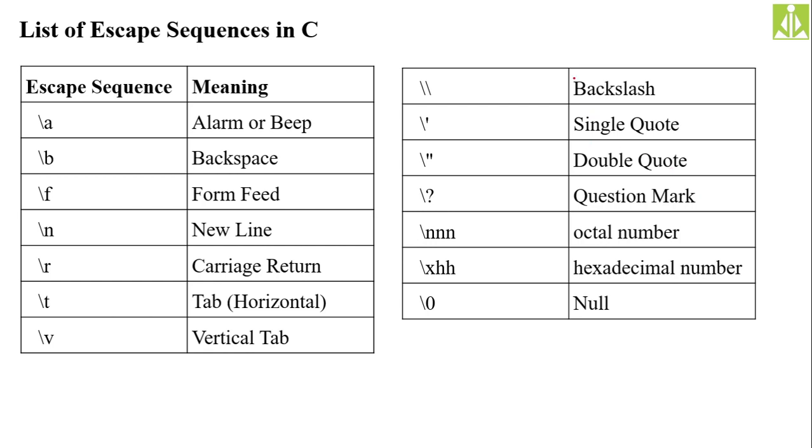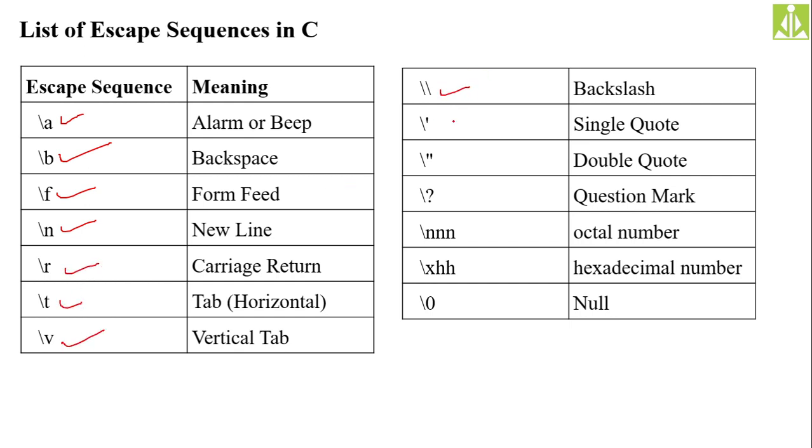So when the program control reaches this backslash a, it will simply generate an alarm sound. Then, to use a backspace in your instruction, use backslash b. Then form feed, new line character, carriage return, horizontal tab, vertical tab.